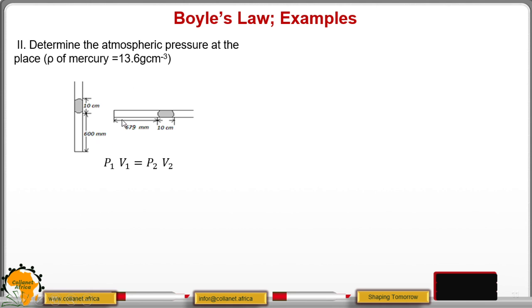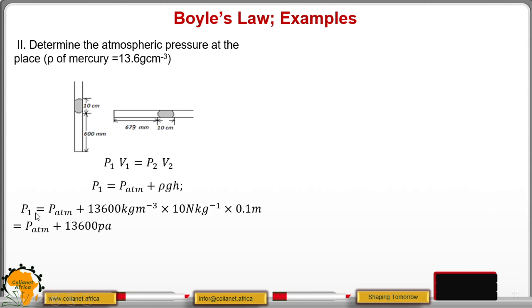But now when we want to get the atmospheric pressure, first of all, we have P1 V1 is equal to P2 V2. But how do we get the value of P1? Our P1 is here. It will be the atmospheric pressure and also pressure due to this column of mercury.